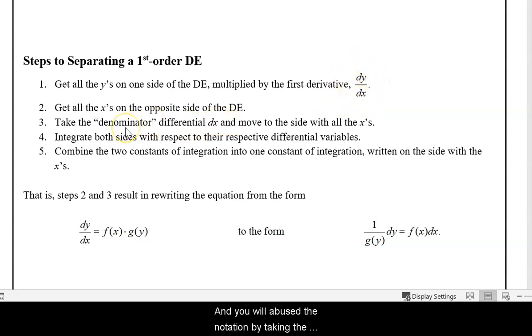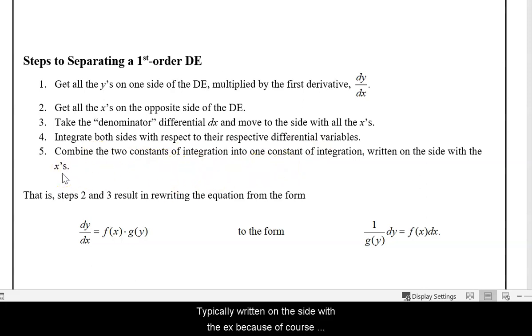Then you will abuse the notation by taking the denominator differential dx and multiplying it on both sides. I know it sounds crazy. It's not a fraction. It is an operation, the derivative operation. But it works, so we do it. Then you integrate both sides with respect to their differential variables. You'll combine the two constants of integration into one.